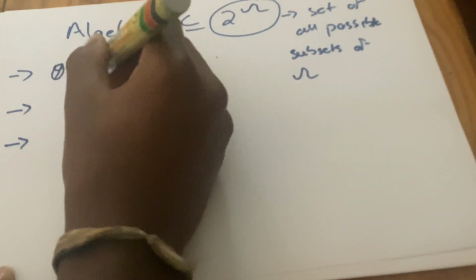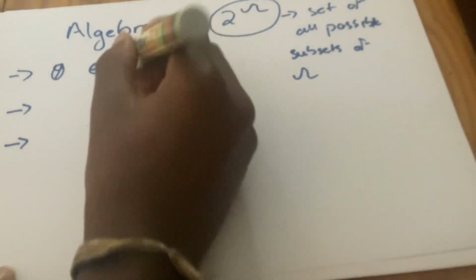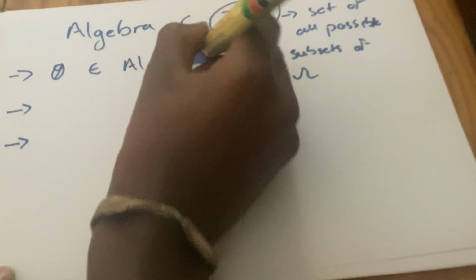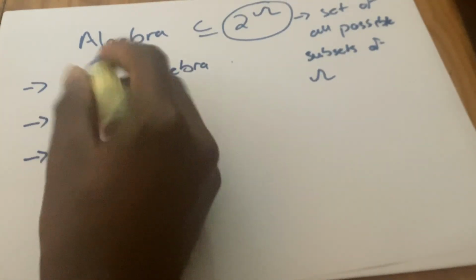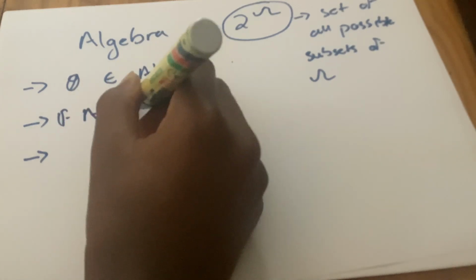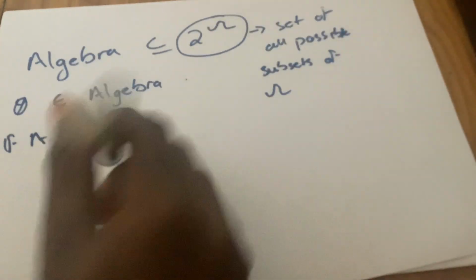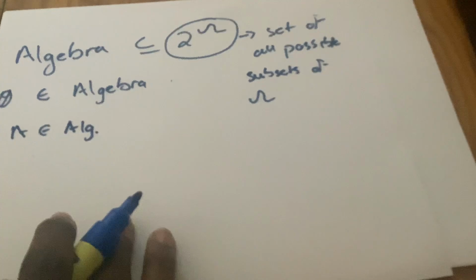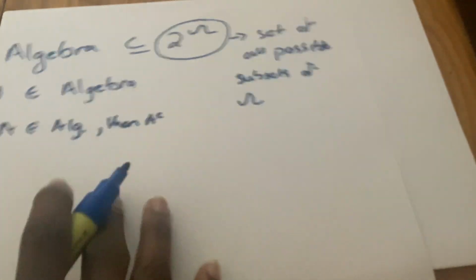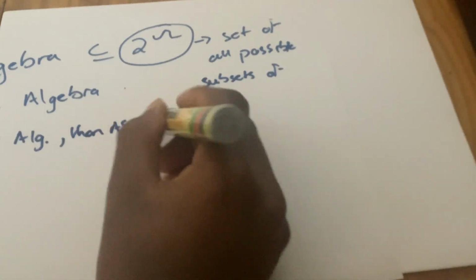Number 1, the empty set must be an element of the algebra. Number 2, if A is an element of the algebra, then A complement must be an element of the algebra as well.